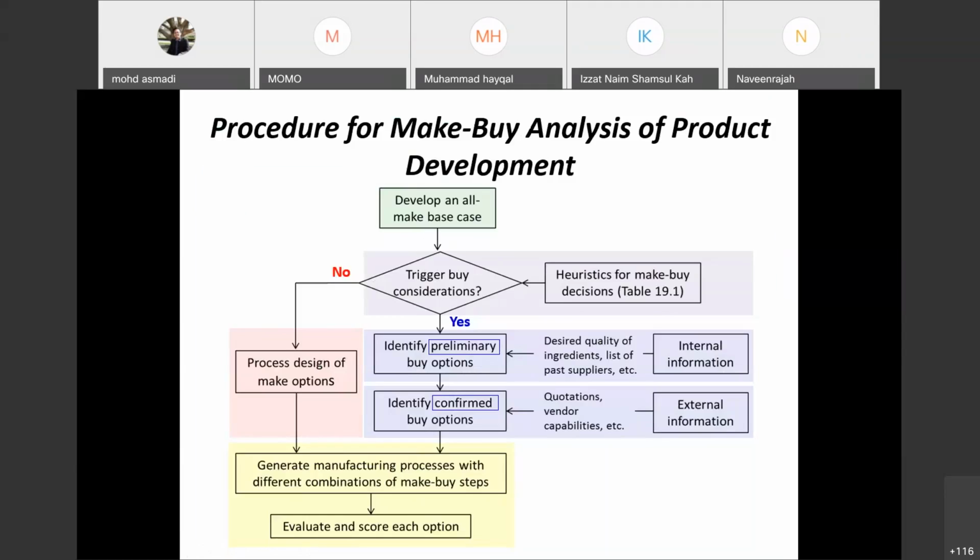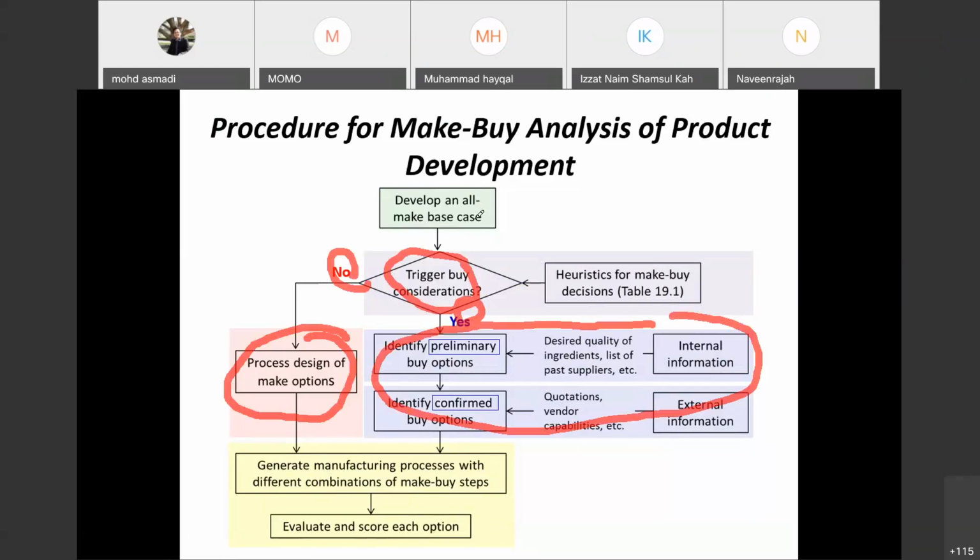So the analysis begins with the all-make base case, which you perform internally. So you have to prepare, and then this is triggered by a consideration, which is the base case critique, either yes or no. Actually this one is for the make option, and this one is for the buy option. Actually you can do them in parallel.